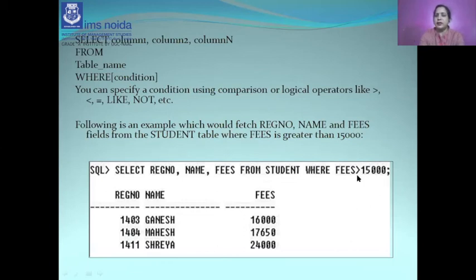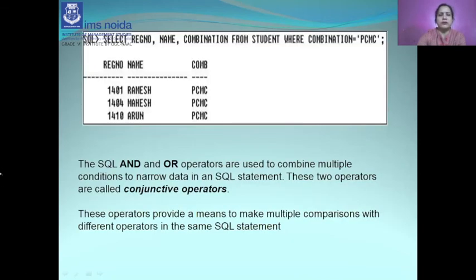This greater than is the relational operator which we have applied. So it will filter the records from the entire database for that particular table student and retrieve only those records for which student fees is greater than 15,000. In this way, we may apply the WHERE clause.